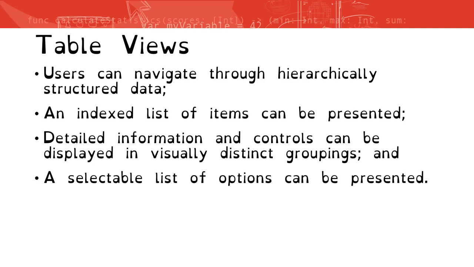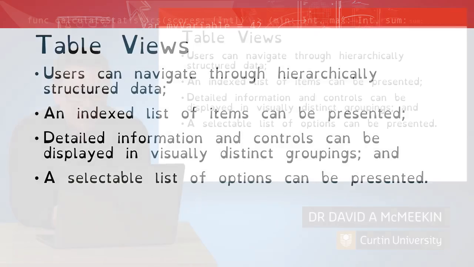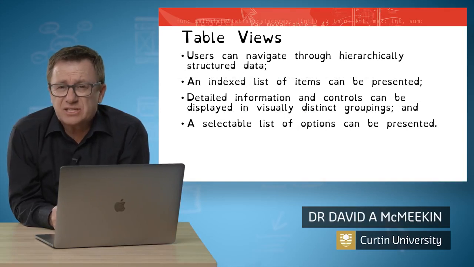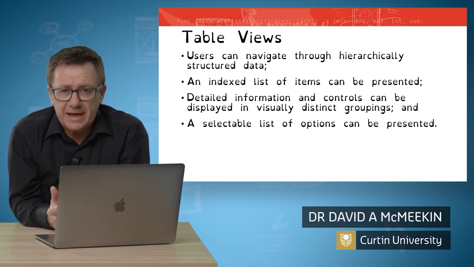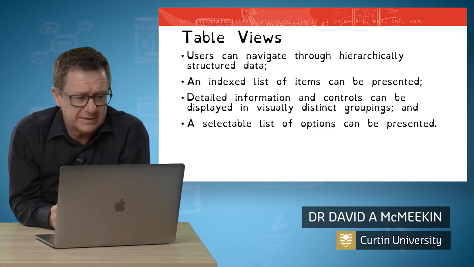If you think of the Contacts app, you scroll through that, that's a type of table view. The table view's data is actually indexed. It's like an indexed list. You don't necessarily see that when you're using it, but underneath each one of those table cells is indexed.